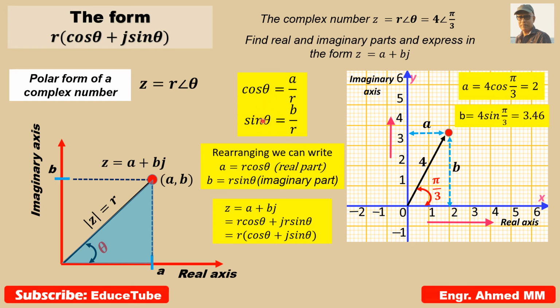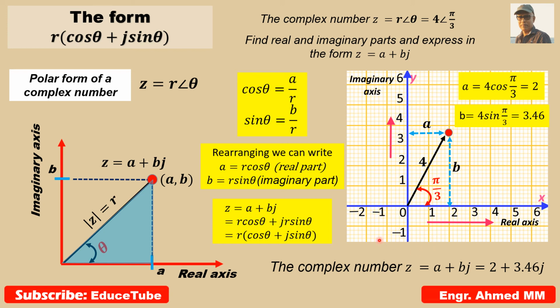So we have all the information. The only thing is we have to use these equations. What is that? a equal to r cos theta. r means 4, cos pi by 3, so it will be 2. Again, b equal to r sin theta, so b is 4 sin pi by 3, 3.46. So what did we get?